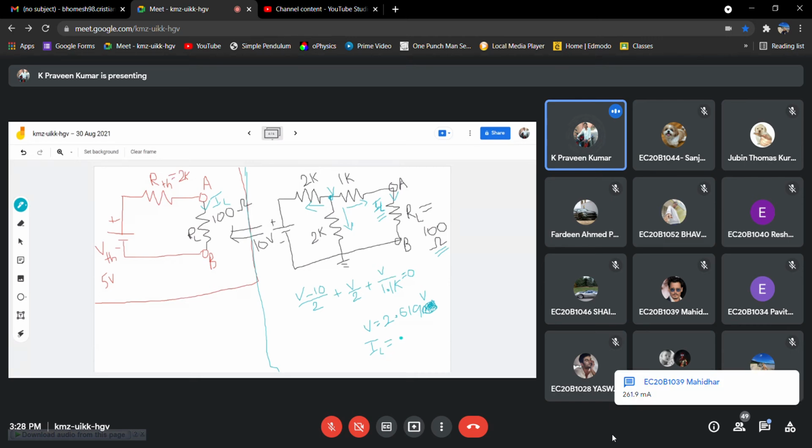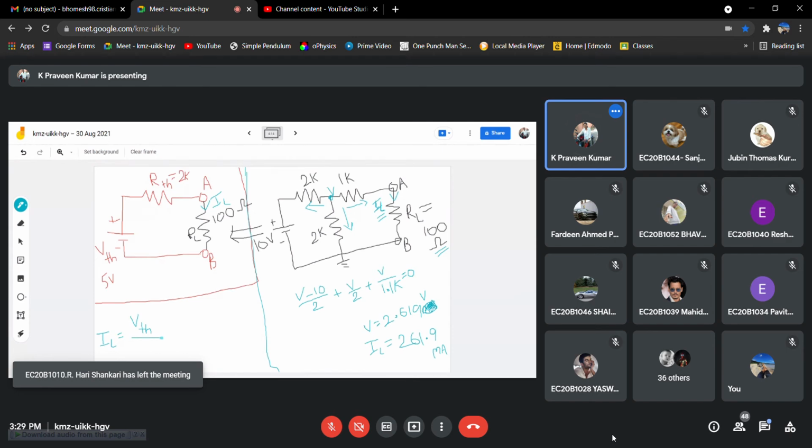Okay, let us take 261.9 milliamps. Right. Then in the same way, calculate for the Thevenin equivalent circuit. What is the current IL?